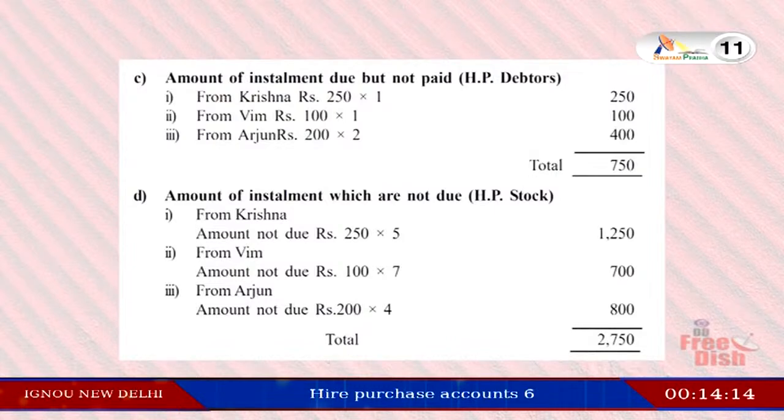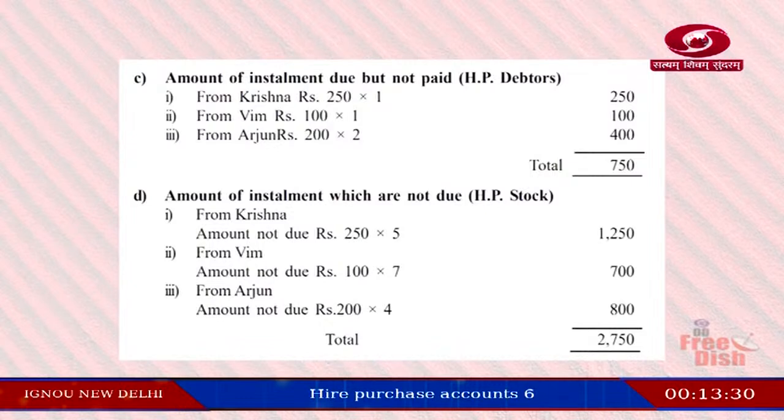Total 12 monthly installments. So out of 12, see what is written for Krishna: could not pay one installment out of 7 installments due. So 7 installments due. How many installments are not due? 5 installments, because there were 12 installments of rupees 250 in total. So out of 12, 7 installments are due, so 5 installments are not due. One installment is of 250, so 250 multiplied by 5.